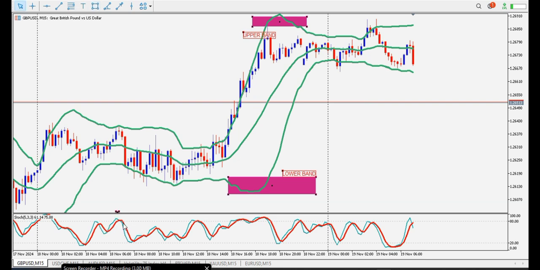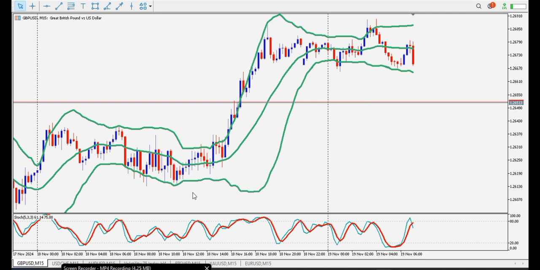Below my screen, you see the stochastic indicator right here. Okay, so hope you guys understand what I'm trying to do now. So now how do we identify the trade in the market? It's quite simple.